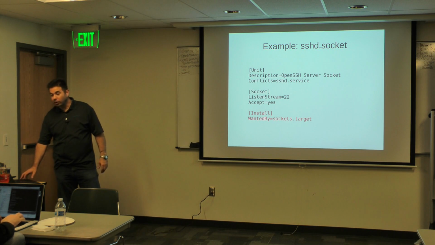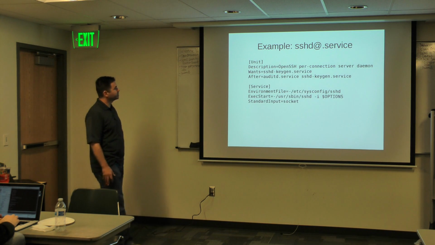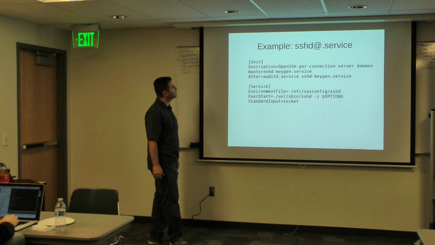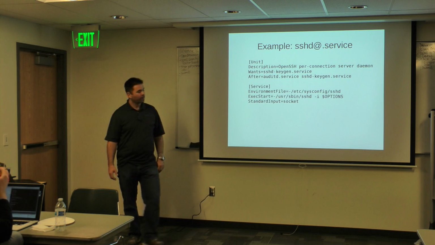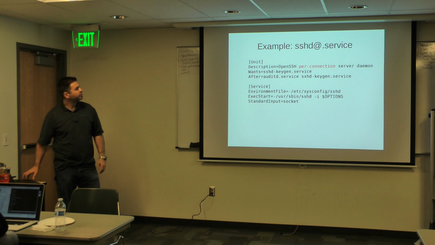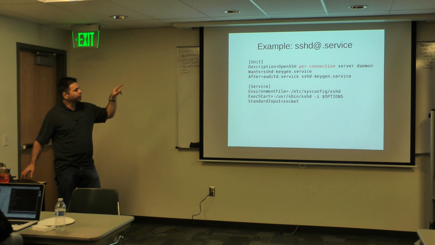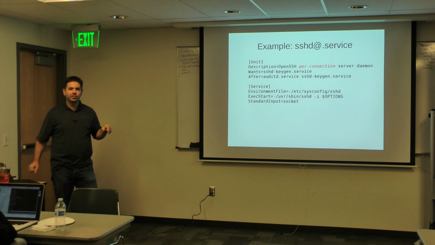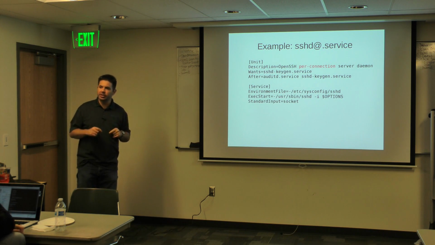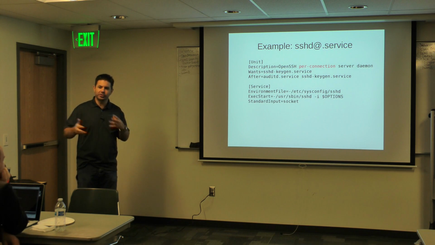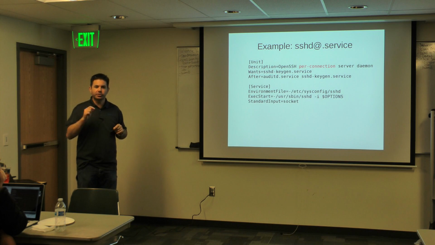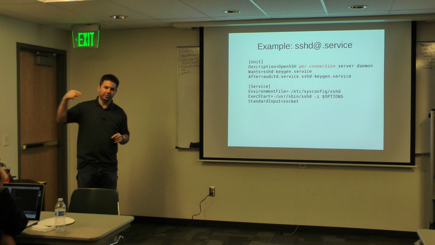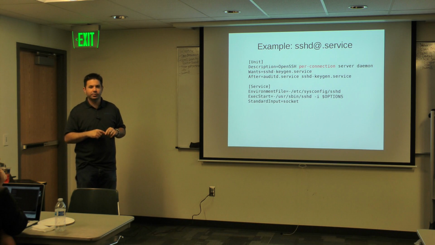So let's go look at the service that's associated with this. The service here, the unit description says, what's most important here is this is a per connection server. So we're not firing up an SSHD that listens to all connections. This is an SSHD just for the one connection that hits systemd, and systemd says, oh, there's traffic on port 22.